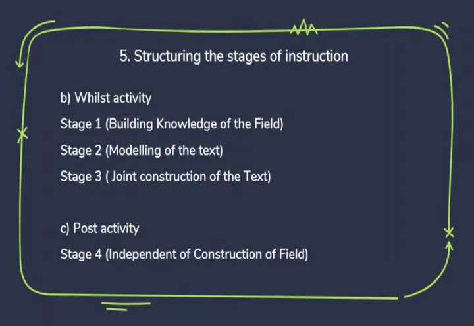In this step, the teacher gives or shows students a complete text that is good. Stage 3, joint construction of the text. The teacher encourages students to write based on the reading text they have read.